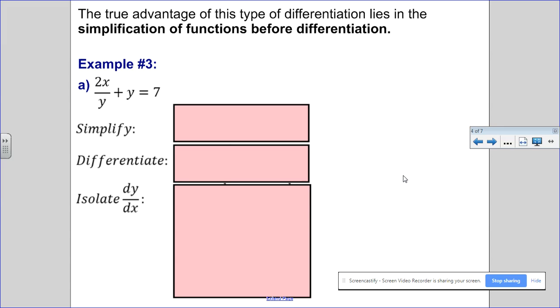So the true advantage of this type of differentiation lies in the simplification of functions before differentiation. So we're going to do this example next, where we have this function 2x over y plus y equals 7. We're going to simplify it first, and we're going to multiply every term by y.